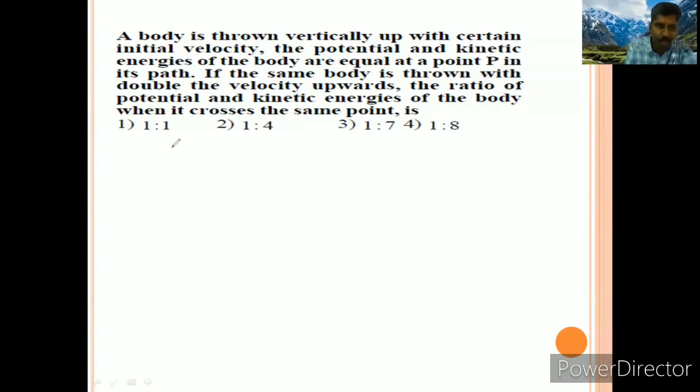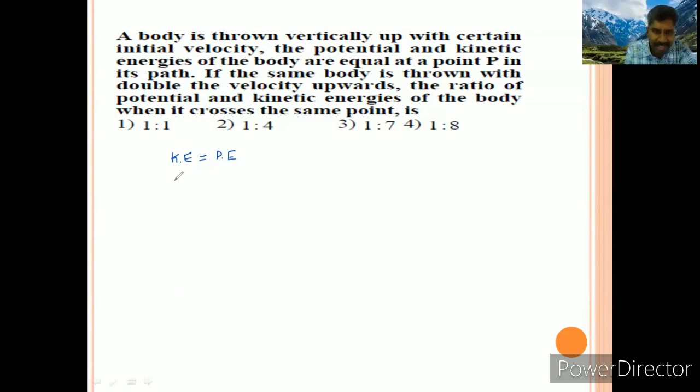In that case, what they gave initially, kinetic energy is equal to potential energy. Now, if the same body is thrown with double velocity upwards, the ratio of potential and kinetic energy of the body when it is crossing the same point, the same height, we can consider. So potential energy will not change.